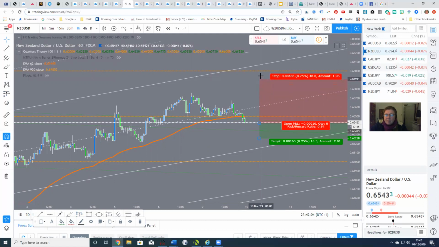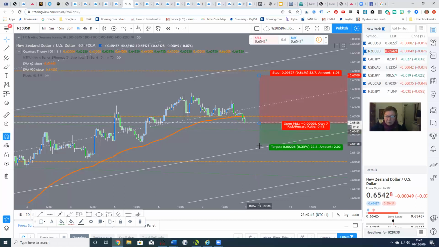All right, right up here at the quarter theory. Again, he's hitting that strong line of support and resistance. And take profit 0.6535.